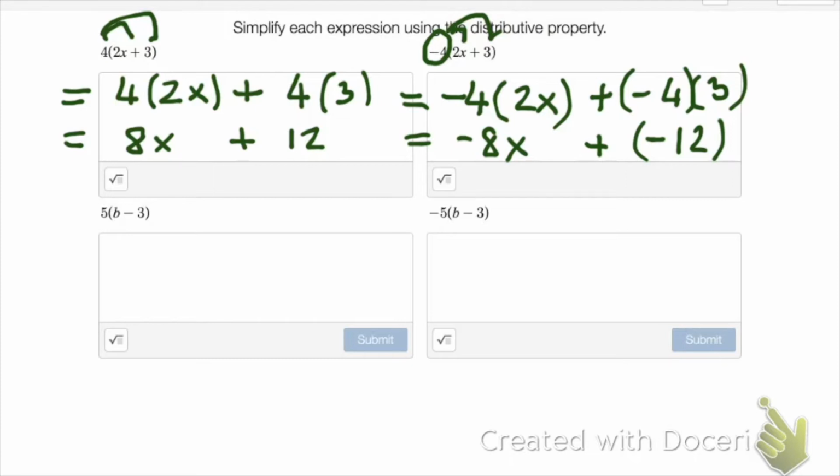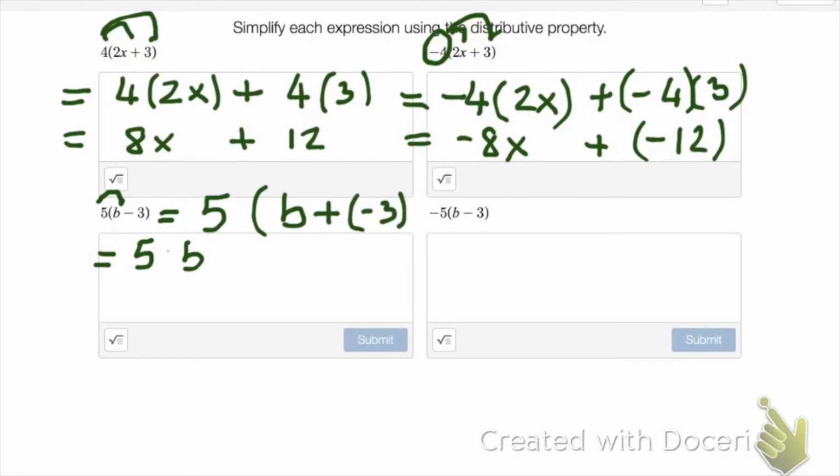So we do the same thing. 5 times b, right? Minus 3. So we need to rewrite it. When we see the minus, we need to rewrite the problem, which equals 5 times b plus negative 3.